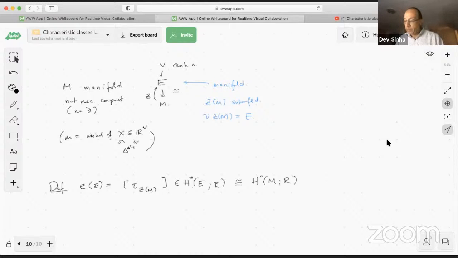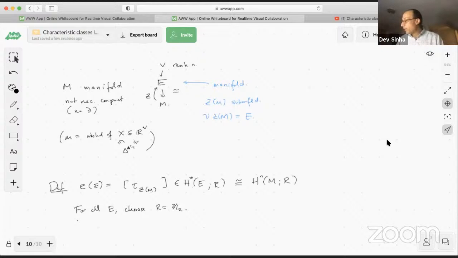This definition can be made for all E. So for all E, choose R equals Z mod 2, and you've got a definition. We don't need to talk about orientations.